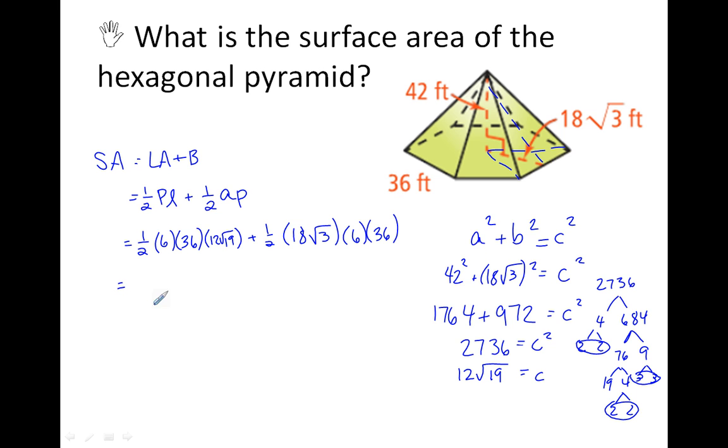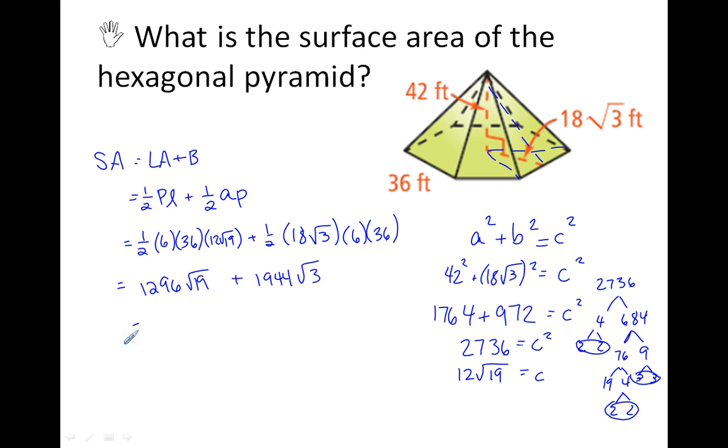Calculator is really going to come in handy on this one. We do 1/2 times 6 times 36 times 12. We get 1,296 square root of 19 plus, and we add to that, we're going to do 1/2 times 18 radical 3 times 6 times 36. We get 1,944 square root of 3.